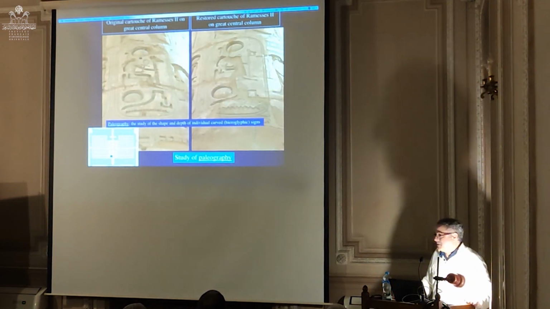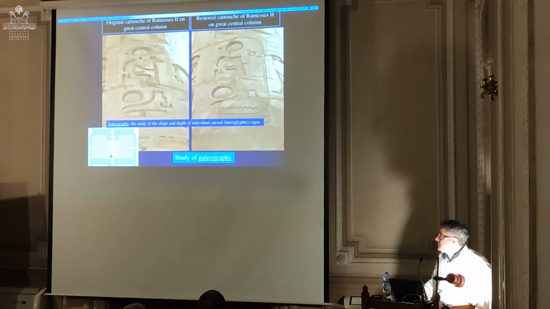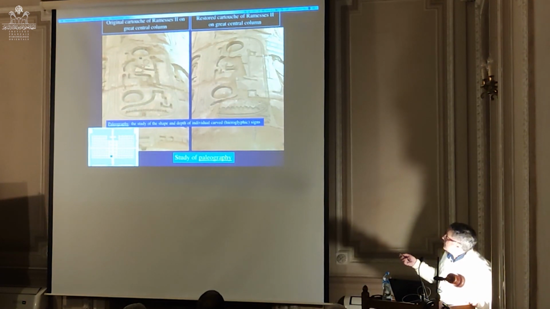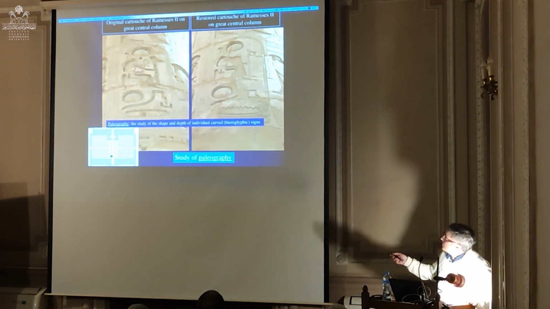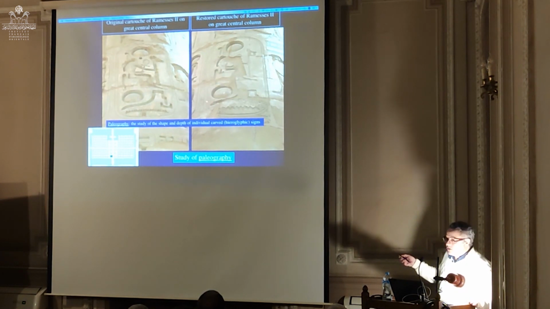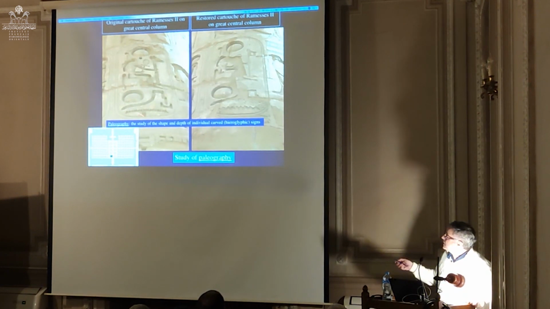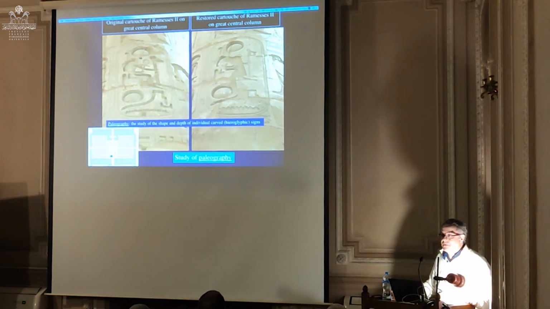The question of paleography is of utmost importance. Here, just as an example, you have a cartouche of Ramses II, another one here, but what you have here is the original cartouche, and you can notice the difference with the N here, or the setup, simply inscribed and not thoroughly carved as it is in the original inscription, because this is a Greco-Roman restoration.